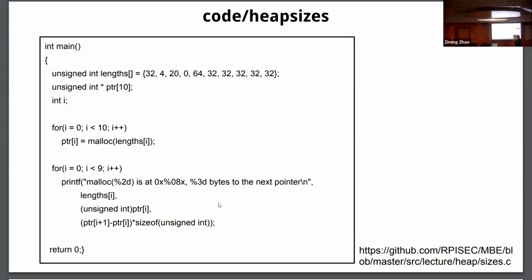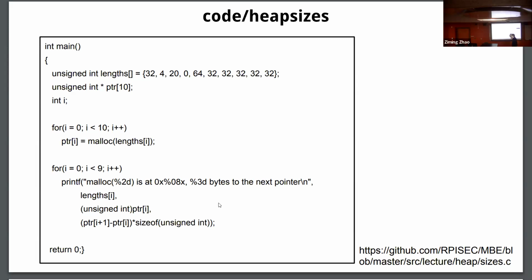But it still works. Let's say we have several numbers here: 32, 4, 20, 0, 0, 64, 32. Those are 10 numbers, and we're going to malloc those sizes.